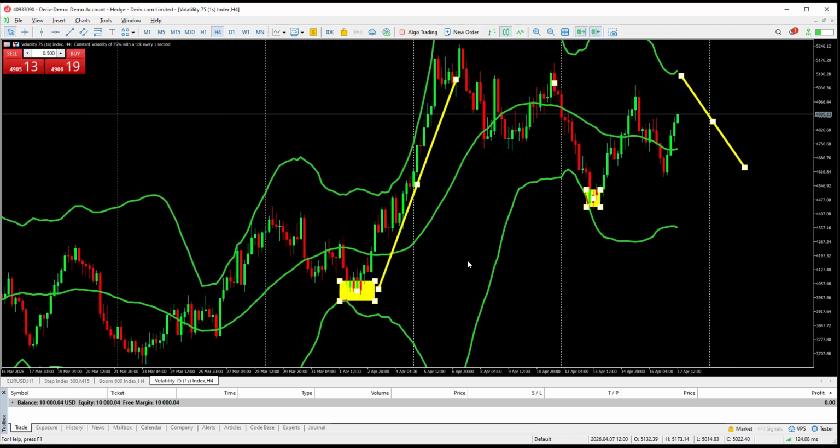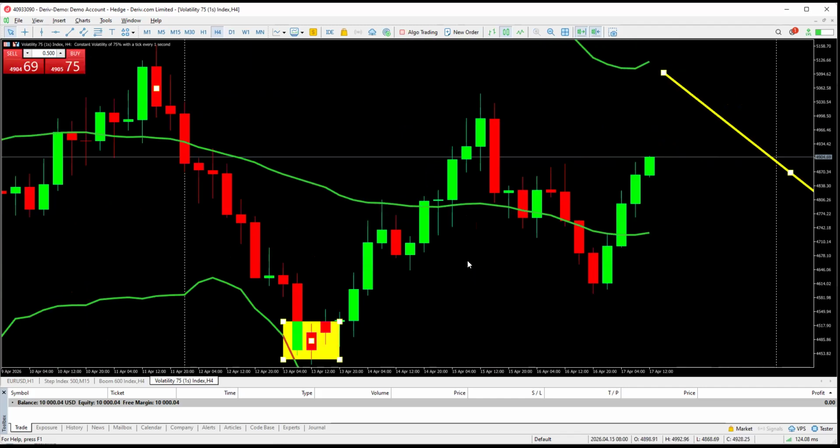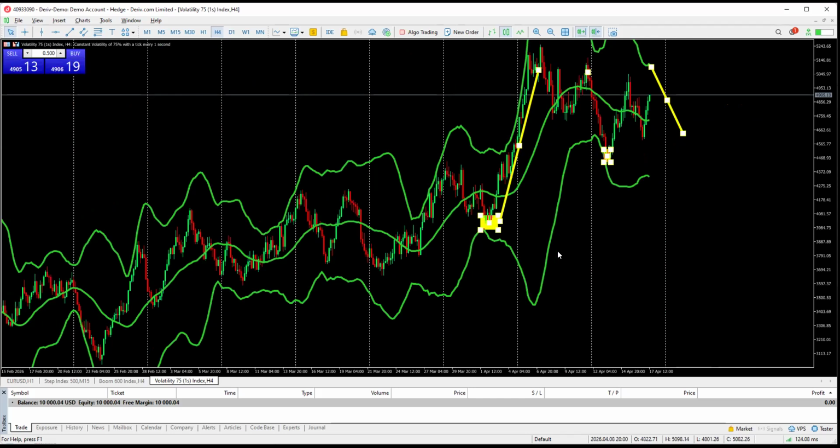Let's look back at the other situations. We see here, it did not touch exactly. But after drawing closer, it went back. Also here, it did not touch, but it goes back.